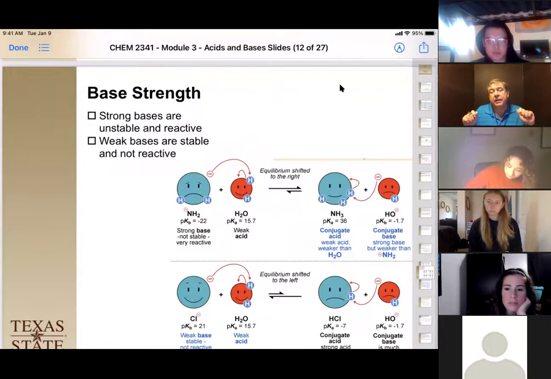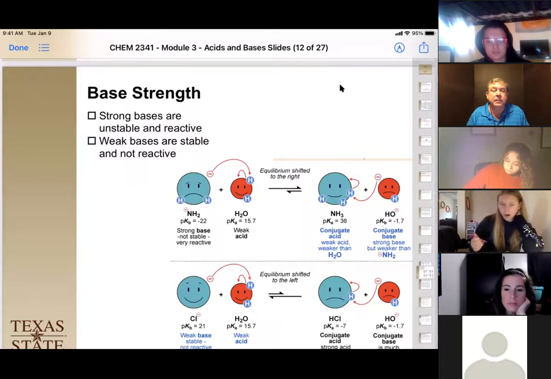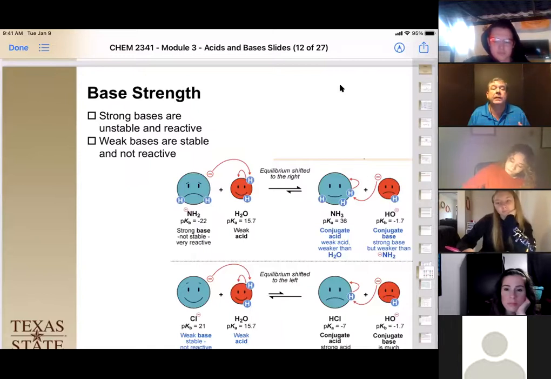And we want to say that, first of all, strong bases are unstable and very reactive. Now, the reason they're unstable and very reactive, I'll talk about in a minute, but the weak bases tend to be more stable and non-reactive. Okay, so when we're looking at something in our system that was a very weak acid, when we turn it into a base, it's going to be really reactive and really unstable.